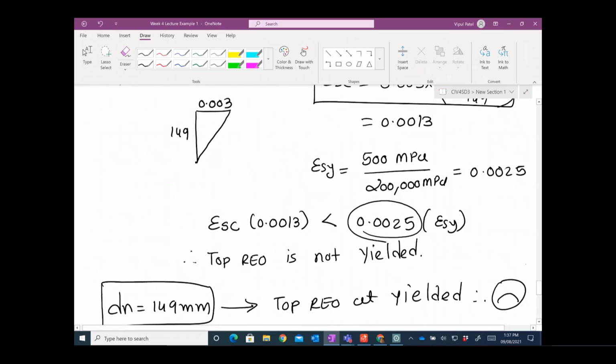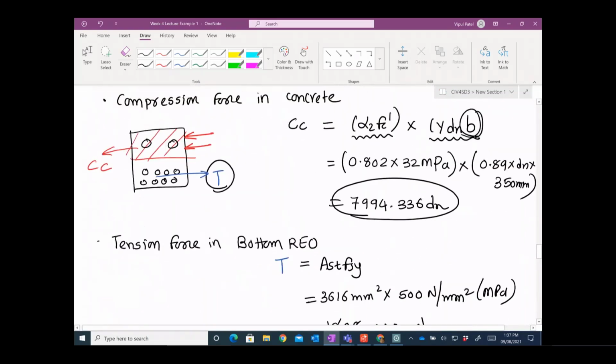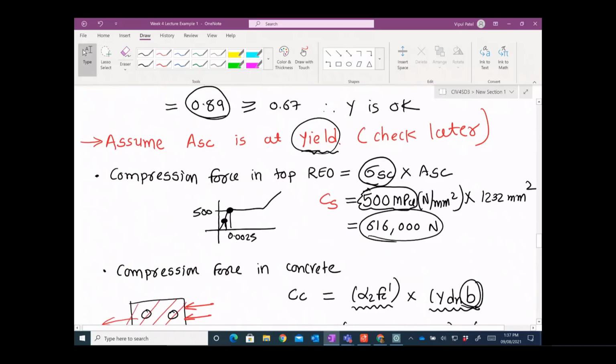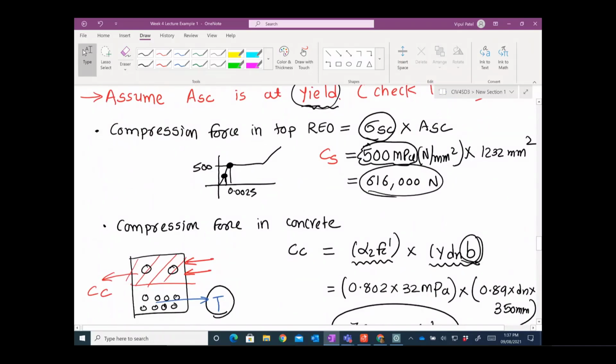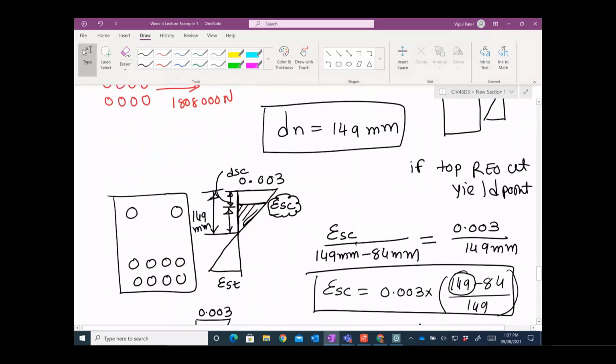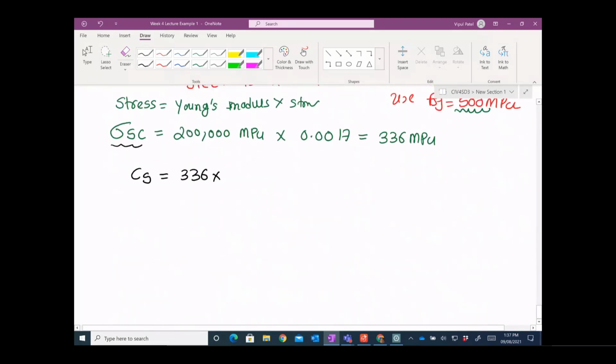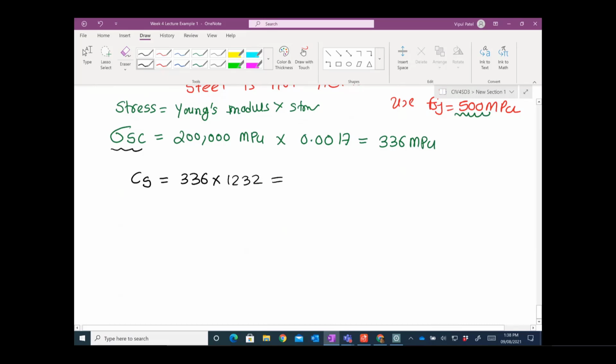I'm just repeating these steps again: the compression force in the top rear, instead of 500 we will use this 336, and 1232 is the area. So 1232 gives the force in the top rear, which is 413,952 newtons.